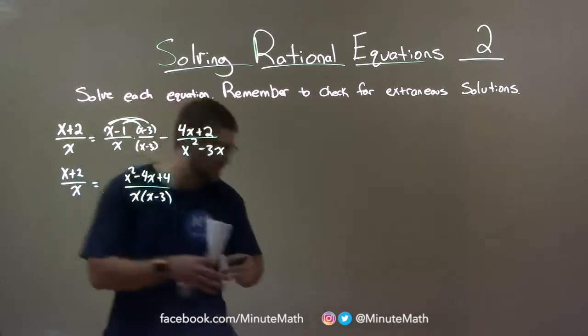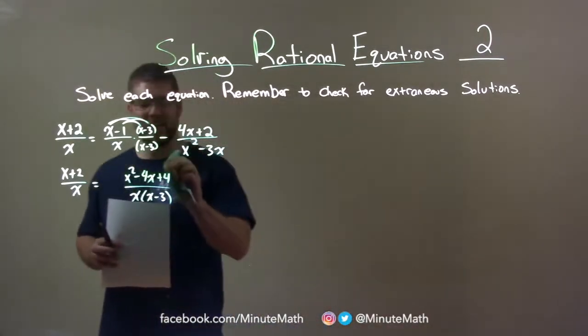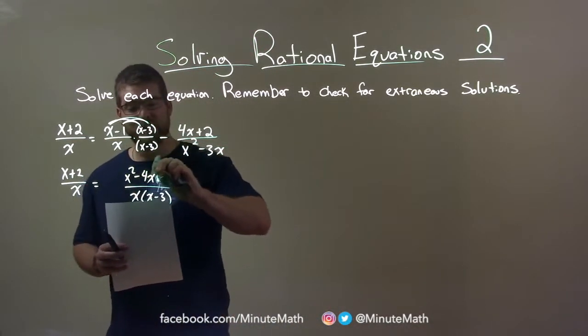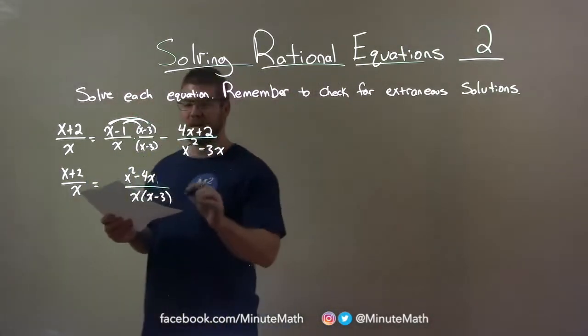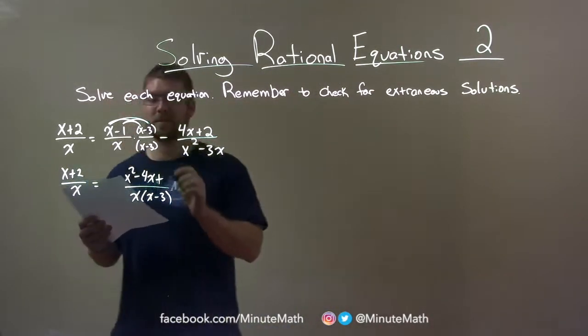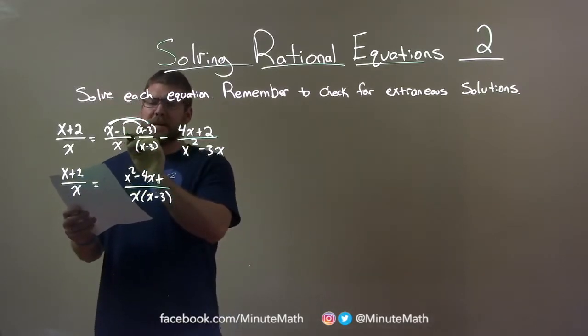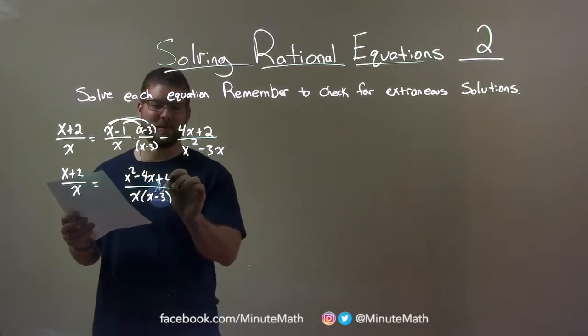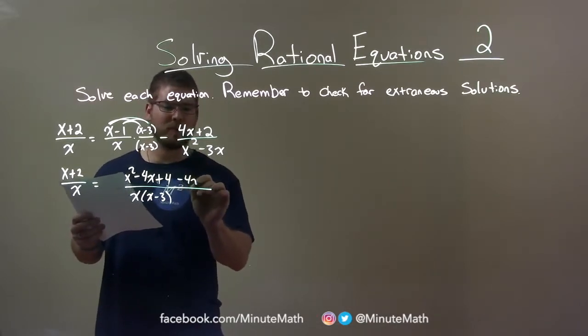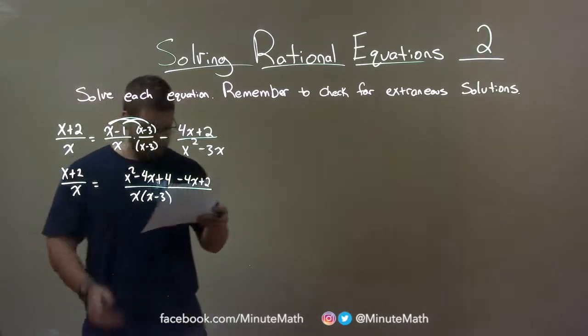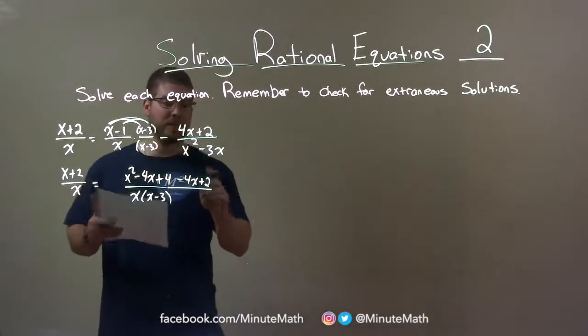Oh my goodness, I was ruining the whole thing. Minus 1 times minus 3 is a positive 3. Bring all this over. Minus 4x plus 2.